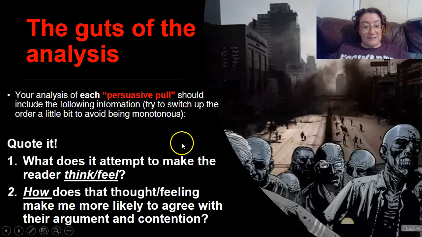This assertion, so now I'm answering question 2. How does that thought or feeling make me more likely to agree with their argument and their contention?